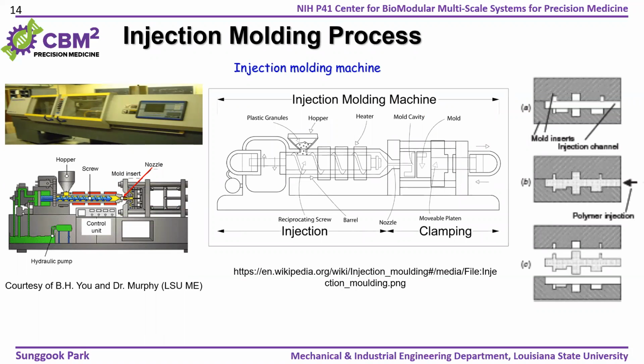The next process we want to discuss is injection molding. I think this afternoon you will see the injection molding process during the workshop. Basically, we put the mold here. And then here we have a hopper, and we put plastic granules.